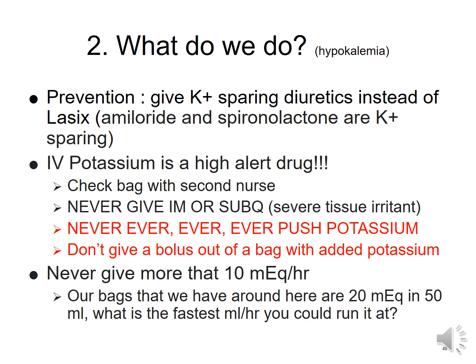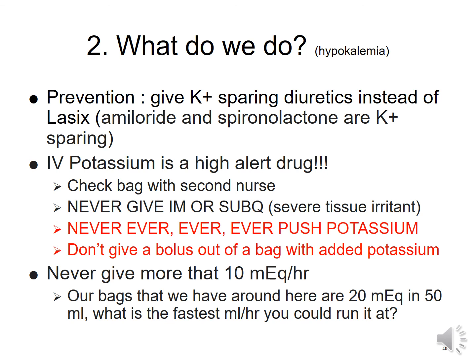So more on what we can do for hypokalemia. We need to learn how to prevent it. So we need to maybe think about recommending potassium-sparing diuretics instead of Lasix. Amiloride and spironolactone are potassium-sparing.